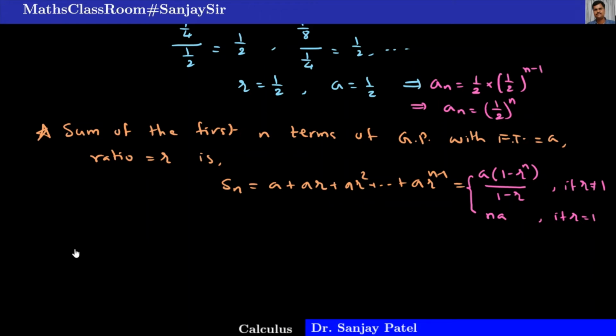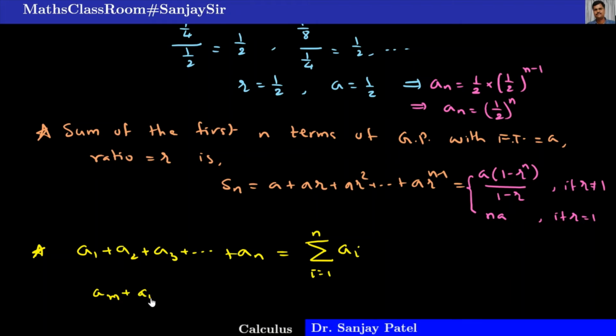You also know the sigma notation, which is very, very useful. Like if we have a1, a2, a3, and so on up to n, then this summation we can denote by this notation, sigma ai, i equal to 1 to n. We can also write, say, am plus 1 plus am plus 2.